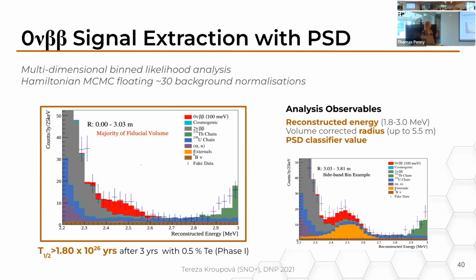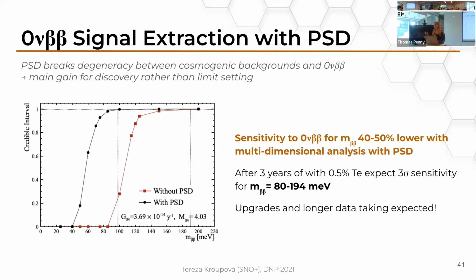This is one of the bins in the volume-corrected radius, and how that fit performs in Monte Carlo. You can see that the result of that fit is basically what you get from the counting analysis, but you get it in 3 years instead of 5. So you get some gain in the half-life, but where this is really powerful is when you start looking at discovery potential.